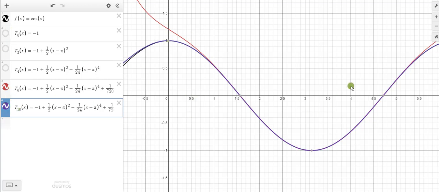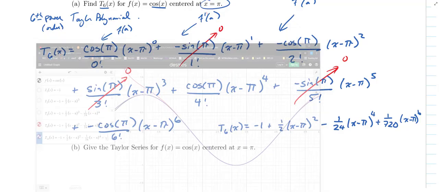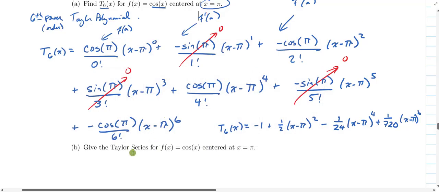And you can see that, again, each order for the Taylor polynomial that we go up gives us a better approximation for the curve. Hopefully that gives you some insight as to why we can say that the Taylor series for f of x equals cosine of x very closely, or in fact is identical to the cosine function.